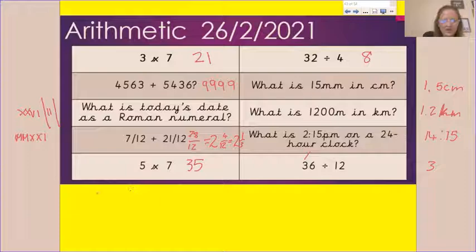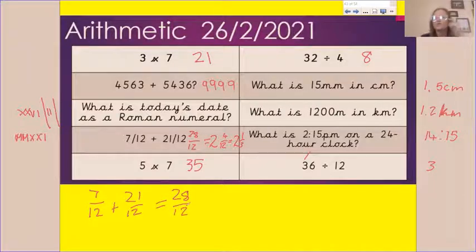And I've obviously got an answer there, and I'm going to show you how I did it, because you can see I've actually written more than one answer there. So I've got 7 over 12 plus 21 over 12 is an answer of 28 over 12, would have been my improper fraction. If I were to change that or simplify it into a mixed number, 2 12s go into 28, so it would have been 2 wholes, and we would have been left with 4 over 12.